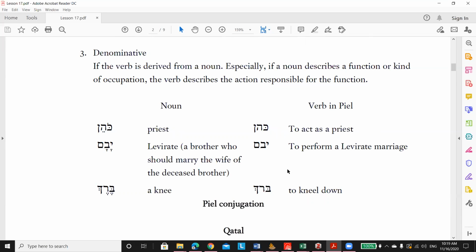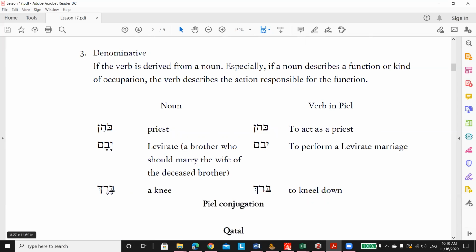For example, we have a noun, priest, and kahan or kihen, it means to act as a priest. Or yavam, this is a Levirate, the brother who should marry the wife. And the verb from the same root means to perform a Levirate marriage.